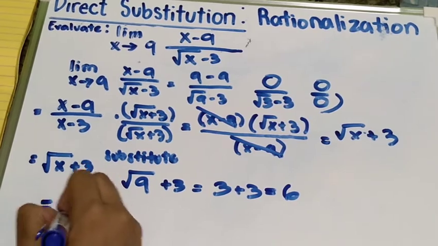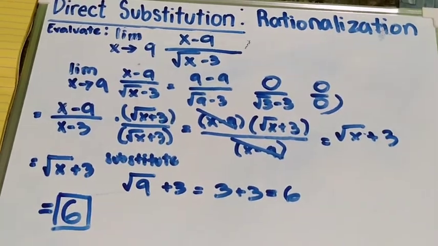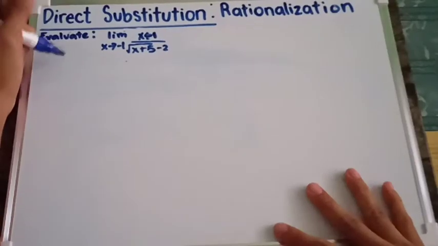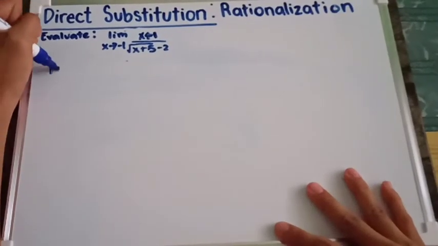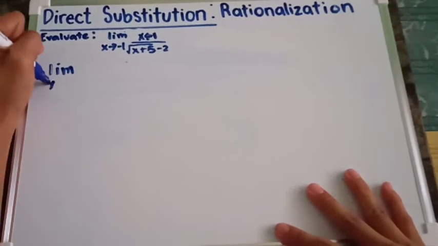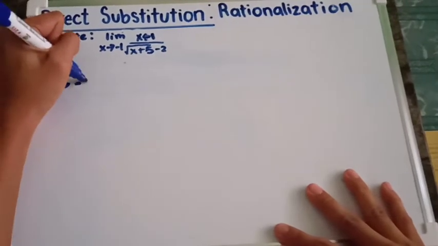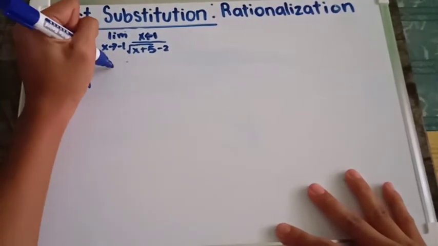So the third example is evaluate the limit of x plus 1 over the square root of x plus 5 minus 2. Before applying direct substitution, apply rationalization first. So guys, this is a very easy problem. You will copy first x plus 1 over the square root of x plus 5 minus 2.